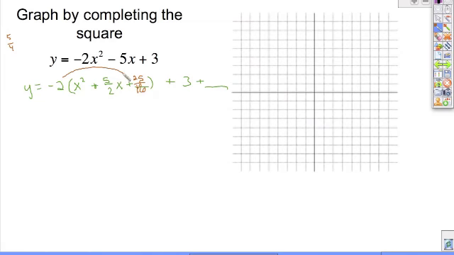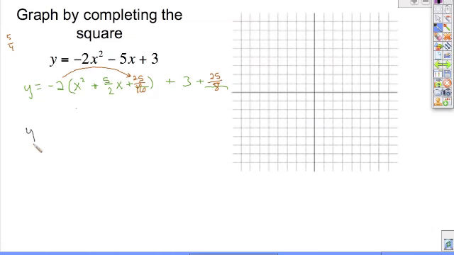And you got to be careful because we're really multiplying this 25/16 by -2. So what I'm really doing here is subtracting 25/8 from this side. So to balance things out, I have to add on 25/8 to cancel out what I've done here with the quadratic piece.